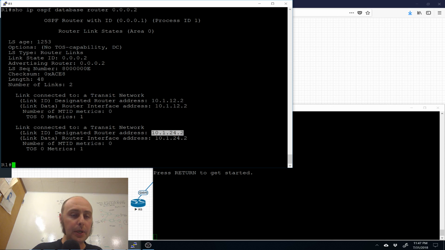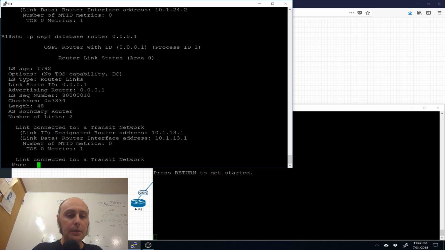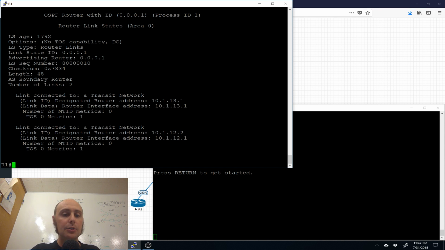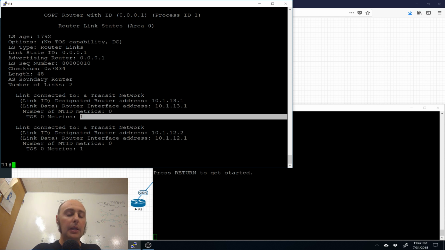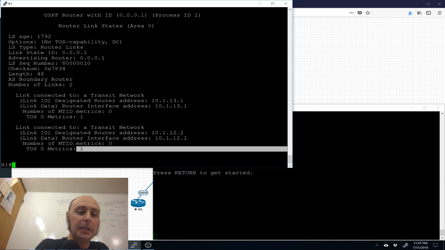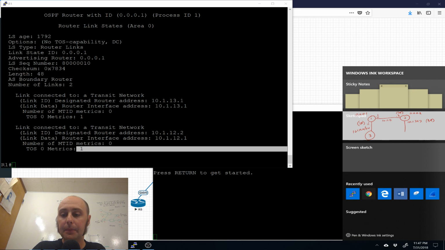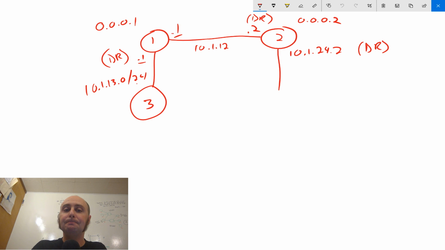I should have pointed out, and I didn't point this out here on router 1. Let me step back to router 1's router LSA. I did not do this initially, so router 1 is 0001. It has the 2 links, and here's the cost, which I can't seem to highlight. Here's the cost for each link. So we should be indicating the cost somewhere on our topology.